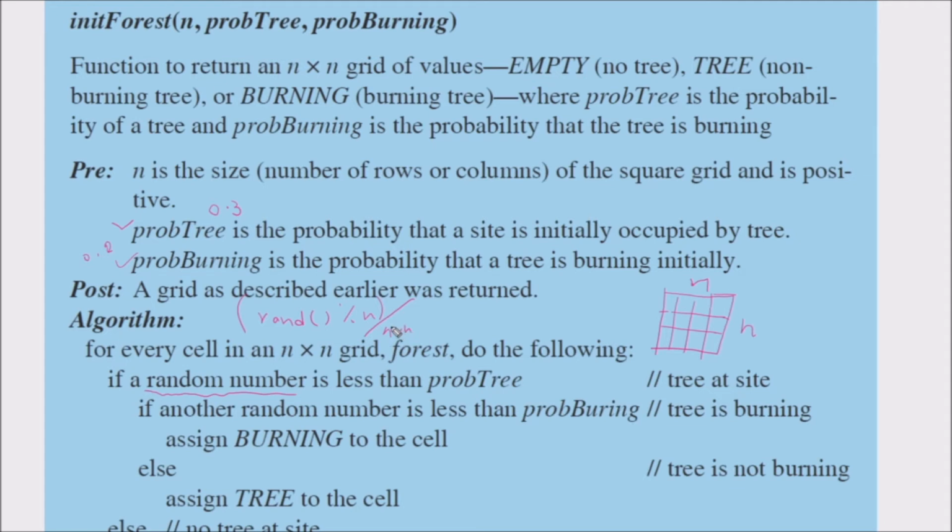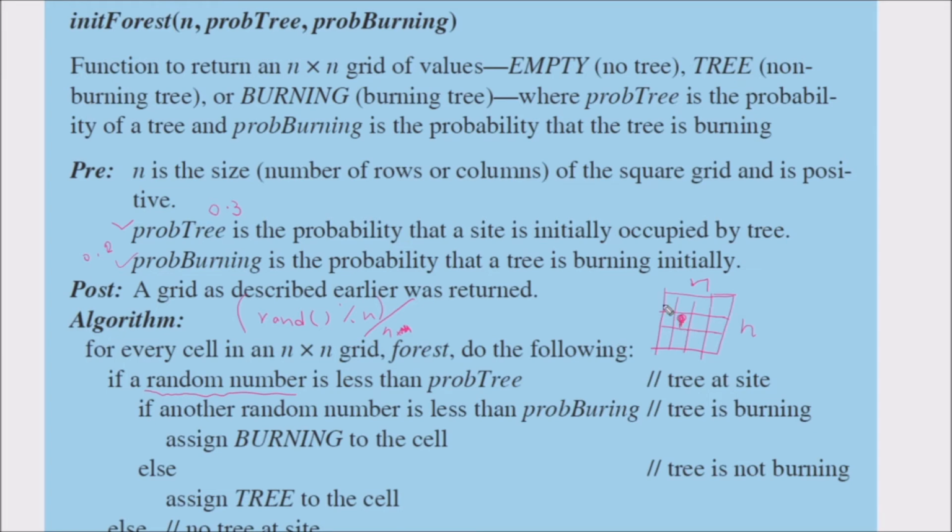So you get a value, which is a remainder, and divided by n it will always be less than 1, right? Okay, so you don't need n by n, just have one n there. So this will give you less than 1, and if that number is less than the probability of a tree, that means if it is less than 0.3 in my case, there will be a tree in this cell. So I can have the tree in that cell.